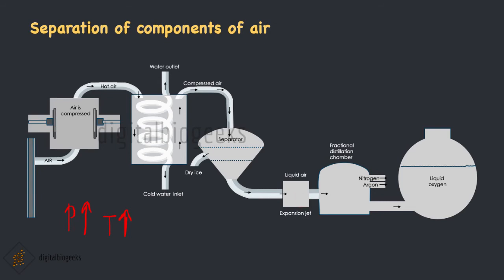With very lower temperature, the particles of air move slowly and the space between them decreases. As a result, air changes from its gaseous form to the liquid form. Here, the liquid air is there. The liquid air is passed into a fractional distillation chamber.